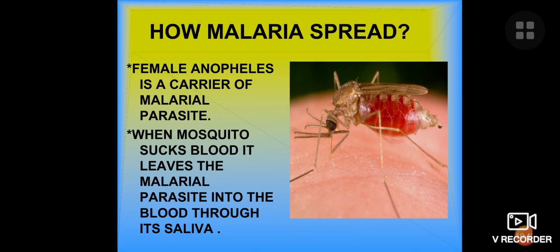The disease causing agent is the protozoan, or the microorganism I should say, because this word will be easier for you to understand. The microorganism which causes malaria is the malarial parasite.